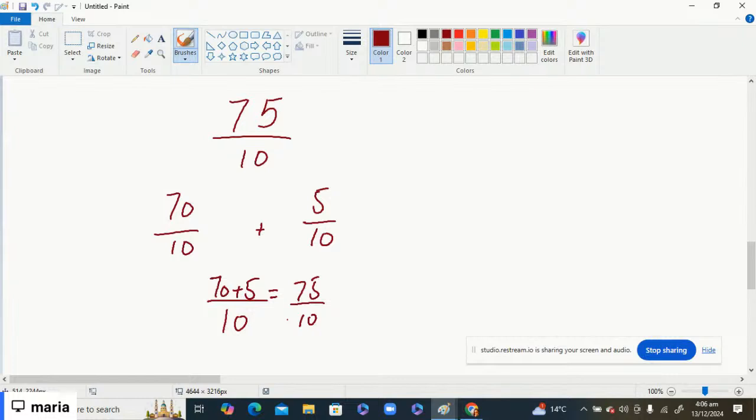This is the way we get it: 70 over 10 and 5 by 10. So the 10 is the same. This is 70 plus 5, and then we solve this.